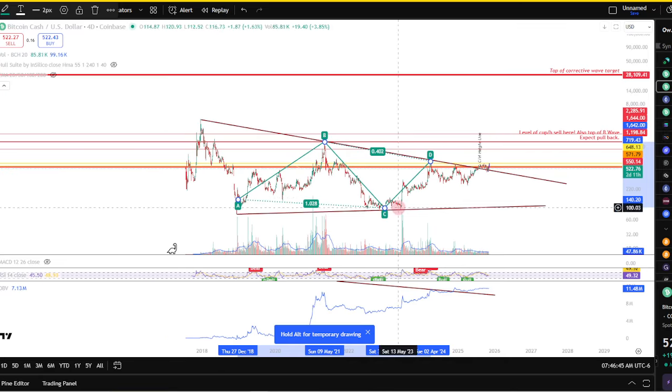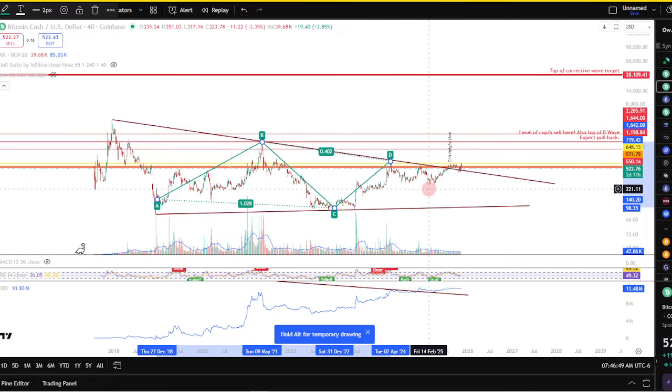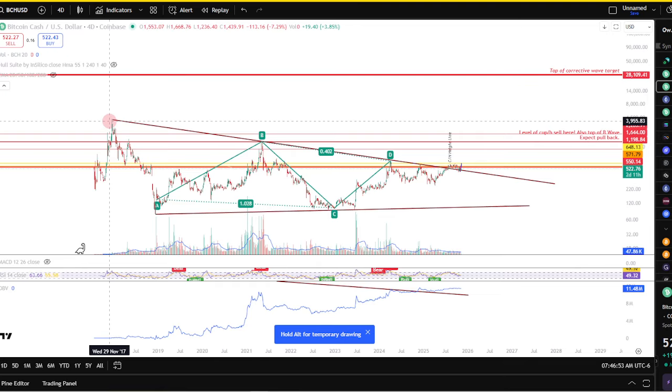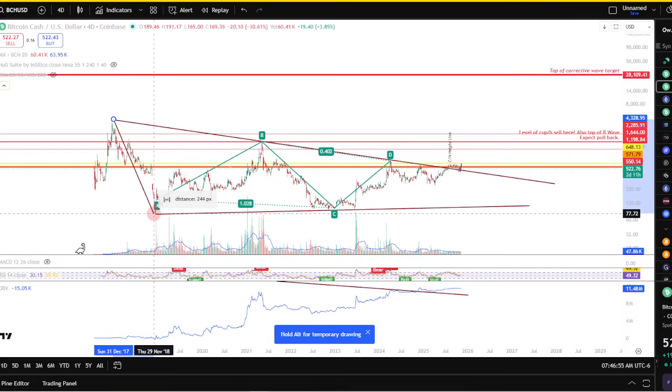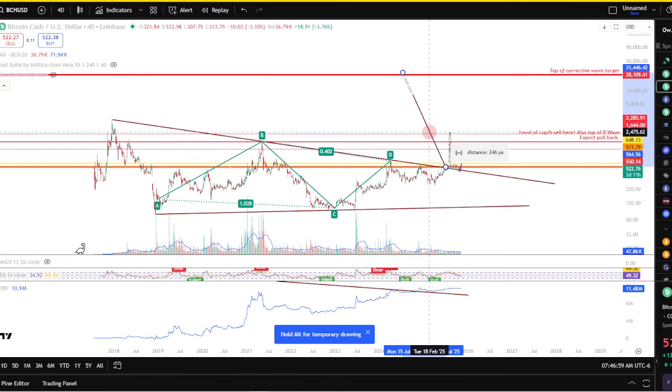So it did put in an E leg, right? But how do we know this is the accumulation pattern and that we're breaking out of this, and then we can use the height of this as a target for where we're going eventually?